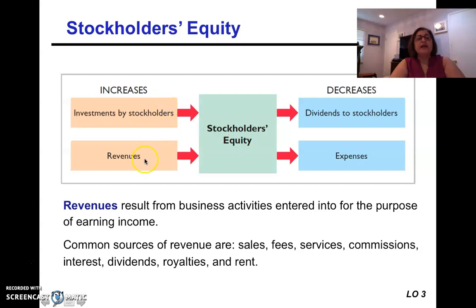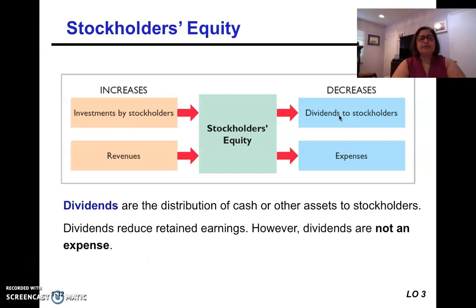Now, as I said, the stockholders' equity has 5 components. 2 of them, common stock and revenues, increase the stockholders' equity. 2 other components decrease the stockholders' equity. Dividends. What is dividend? Dividend is distribution of cash or other assets to stockholders for their personal use, so for their enjoyment.